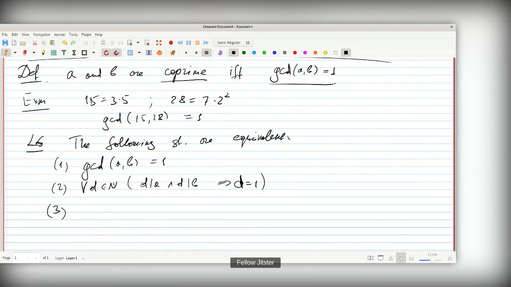They have no common prime divisor for every n. If n divides A and n divides B, then n is not prime.